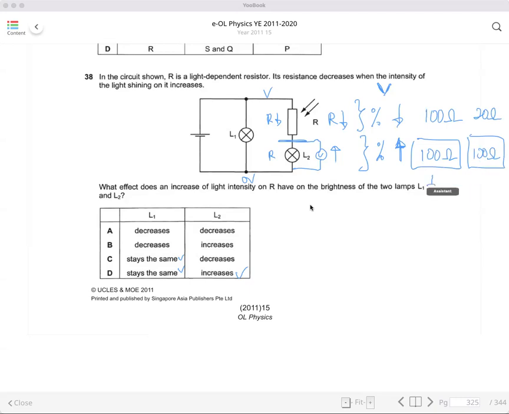At first it takes up half the voltage. Now this will take up 5/6 of the voltage. Understand? Because the total is 120, it takes up 100 ohm. So the voltage across is V, it takes up 5/6 of the V because of this proportion that goes down. Okay, you understand what I mean, Bei Kwan?